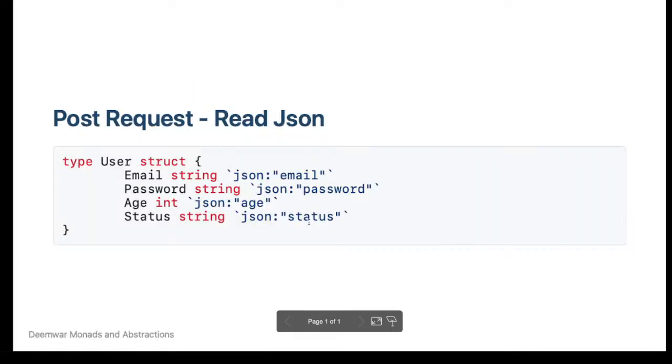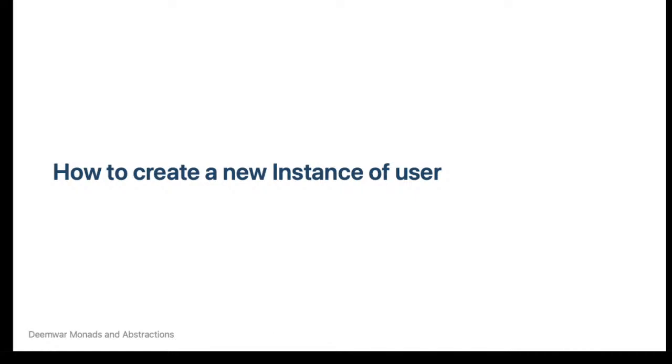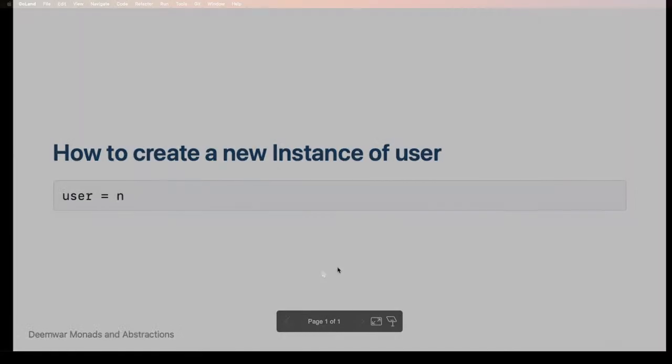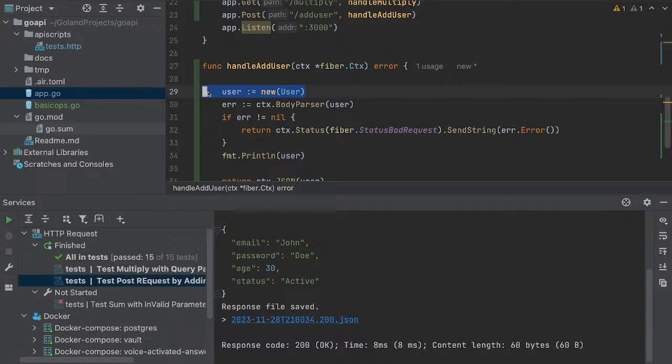So I need to have type struct. Okay, how to create a new instance of user? I just need to specify user equal to new of user. I think I'm right. Yeah, user equal to new of user.